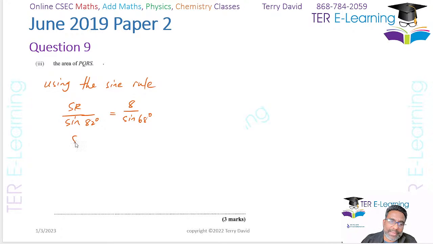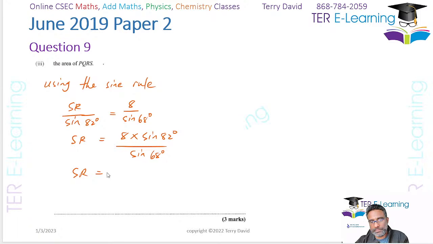Therefore, SR is simply going to be 8 multiplied by sine 82 all over sine 68, and I'm getting 8.54. So this here is 8.54 cm.